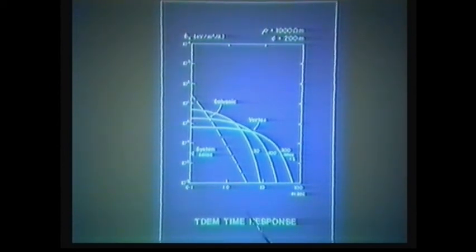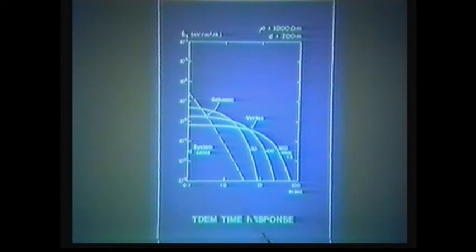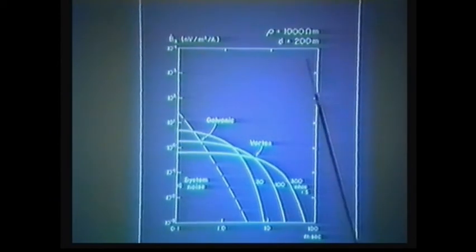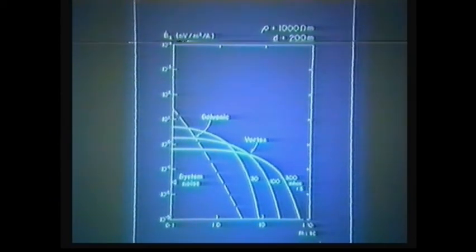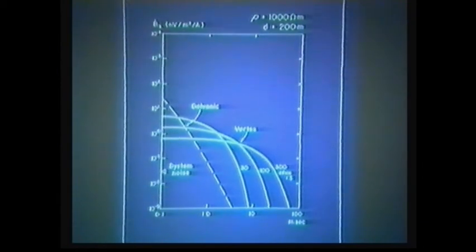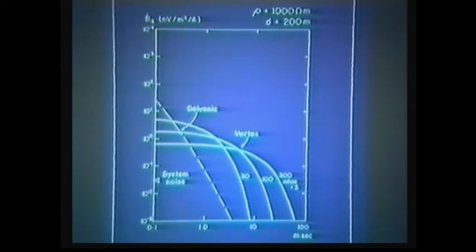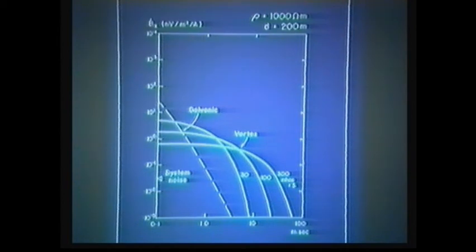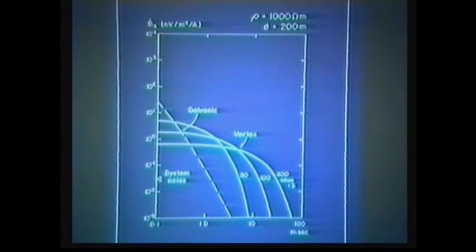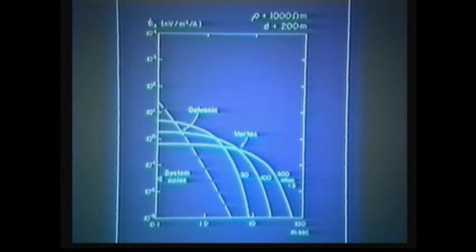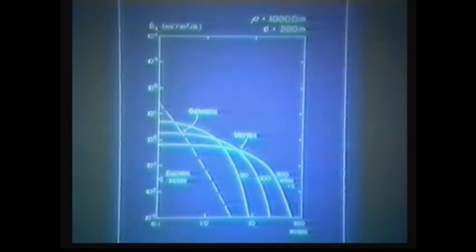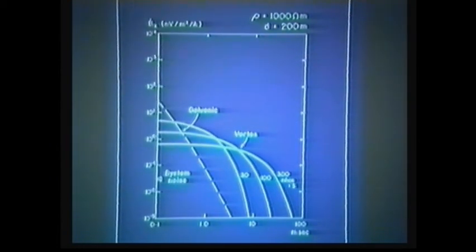Okay, here's my first plot. This one is done for a 1,000 ohm meter half space, very resistive. We don't expect to see too many problems arising from either the contribution from the Earth or the galvanic current component. And in these slides, I show only the galvanic and the vortex component.